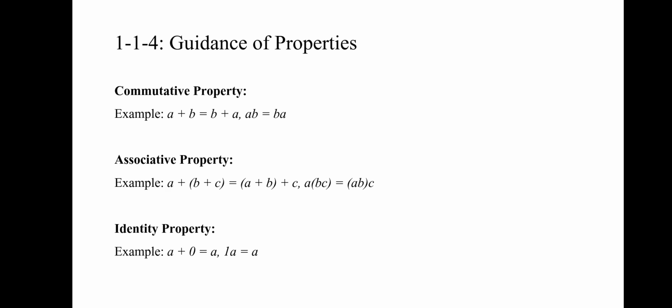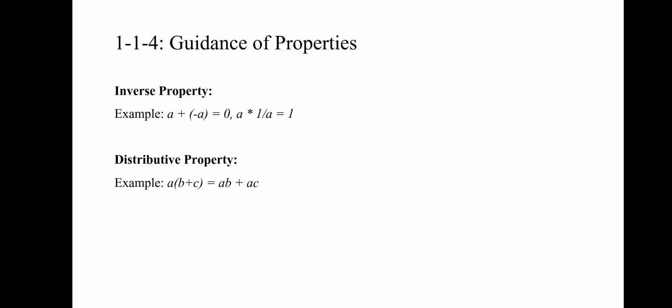Associative property: A plus B plus C in parentheses equals A plus B in parentheses plus C. A times BC in parentheses is equal to parentheses AB and then C. Identity properties: A plus 0 equals A, 1A equals A. Inverse property: A plus -A equals 0, and A times 1 divided by A is equal to 1. The distributive property: A times B plus C in parentheses is equal to AB plus AC.